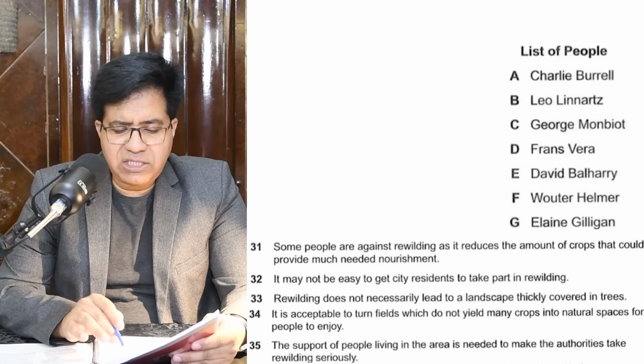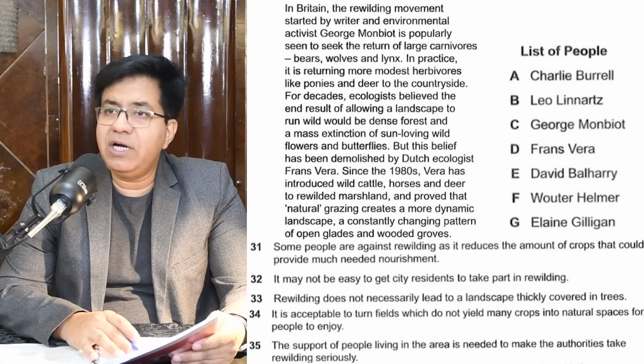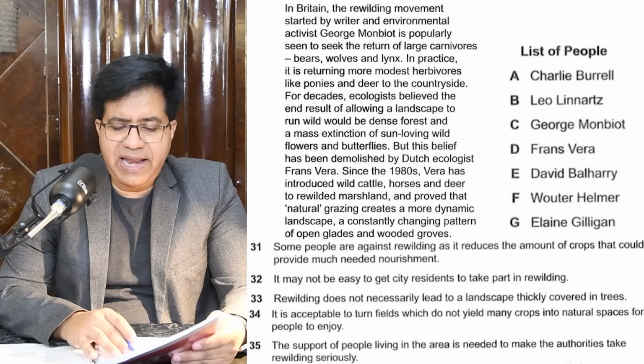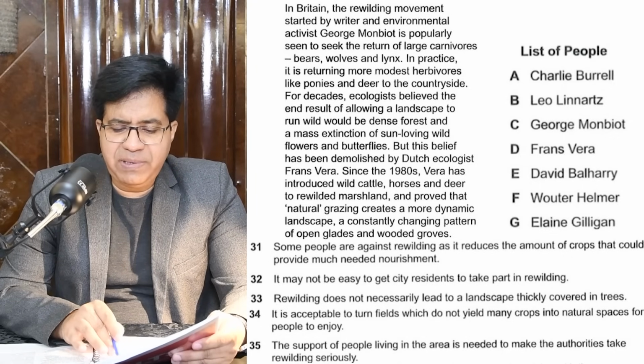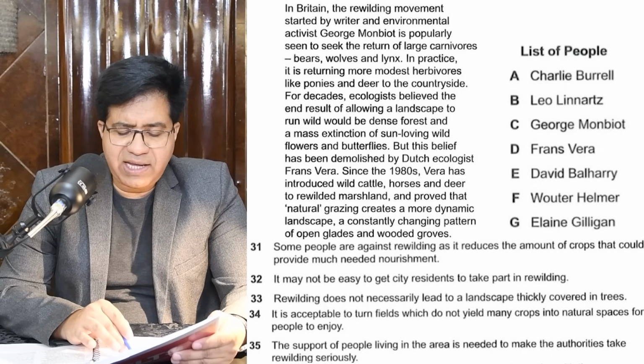I'm reading it from "For decades." Same paragraph, third paragraph, title page. For decades, ecologists believed the end result of allowing a landscape to run wild would be dense forest and a mass extinction of sun-loving wildflowers and butterflies.